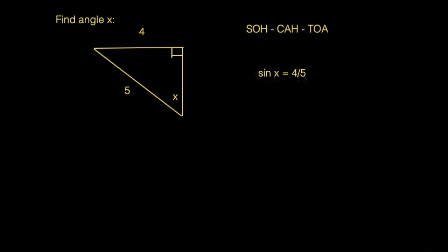We're trying to isolate x, so we take the inverse sine of both sides since that's the opposite operation of sine. Whatever we do to one side, we have to do to the other. These two operations cancel out, so on the left side we're left with angle x equals inverse sine of 4/5.